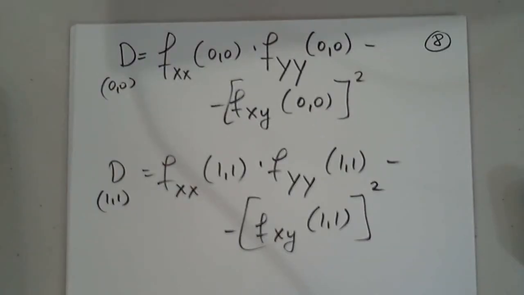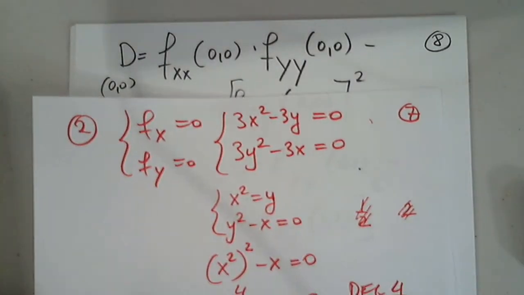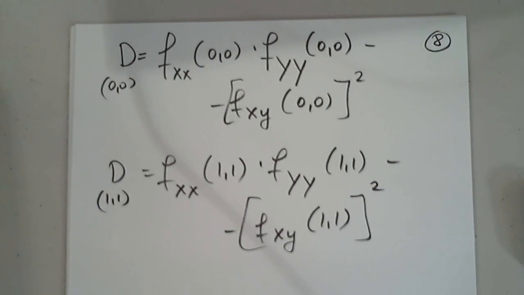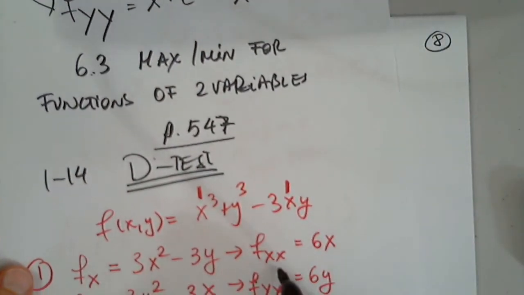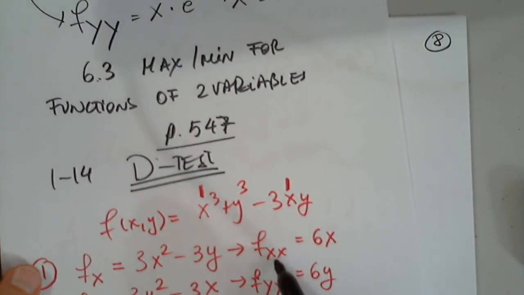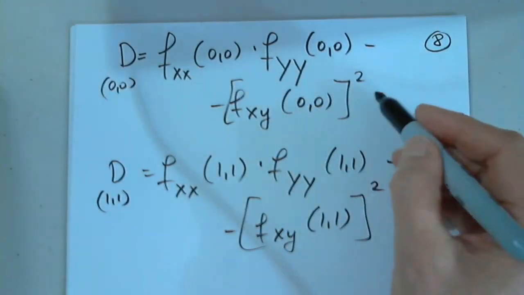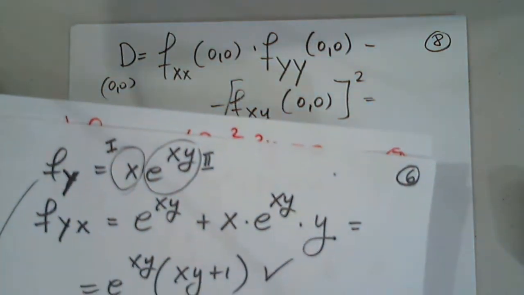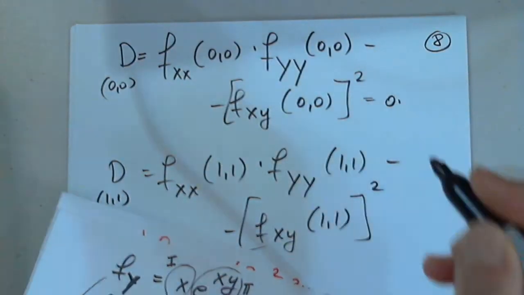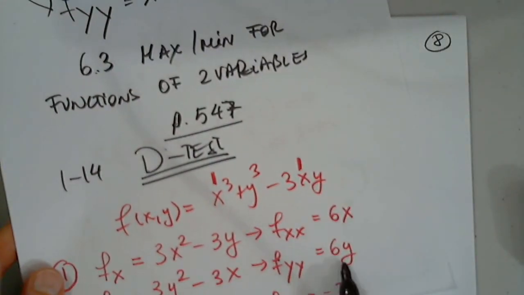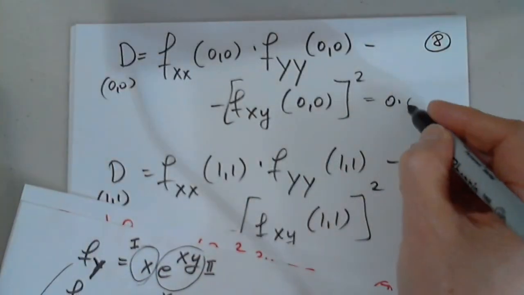squared. Okay. So now I have to dig deep. Where are my fxx and fyy? So fxx is 6x. So then this piece with 0, 0 will be 0. Fyy with 0, 0 will still be 0, minus.